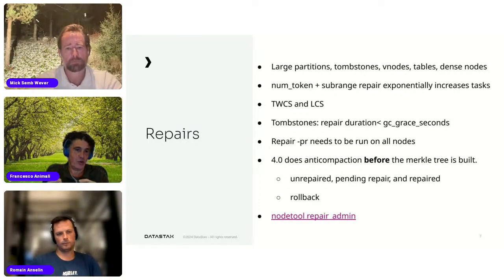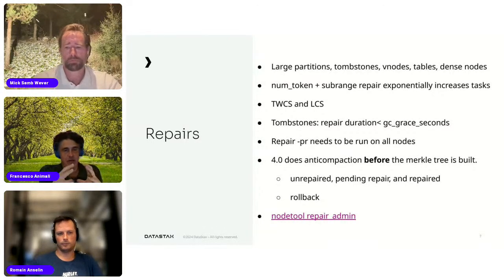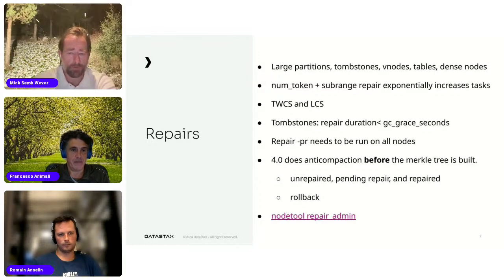Paxos also has been completely reworked in version 4. We're not going to talk about that because it's a big thing. But the entire repair task is a transaction now. So if it doesn't complete, it will fail and roll back. So yeah, incremental repair is pretty good.